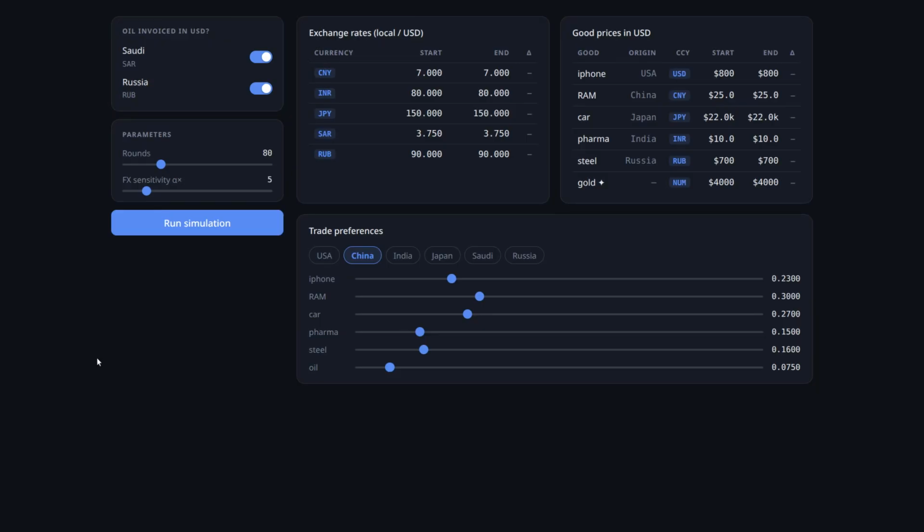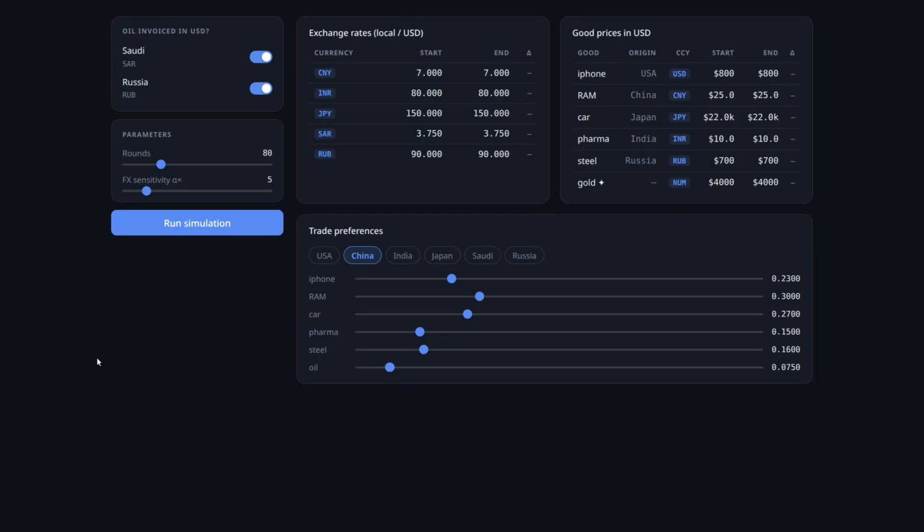So let me explain this model a little bit, and then once you understand what actually happens, I'm gonna explain the history and why this model, the petrodollar system, is important. But let's start with the basics.